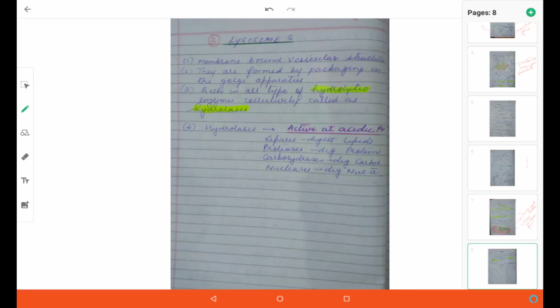The many enzymes present in lysosomes are collectively called hydrolases. The hydrolases are active at acidic pH and mostly they are digestive enzymes like lipases which digest lipids, proteases which digest proteins, carbohydrases which digest carbohydrates, and nucleases which digest nucleic acids.